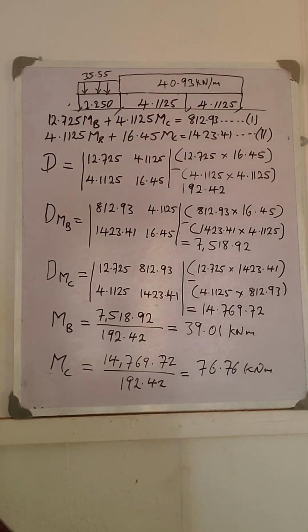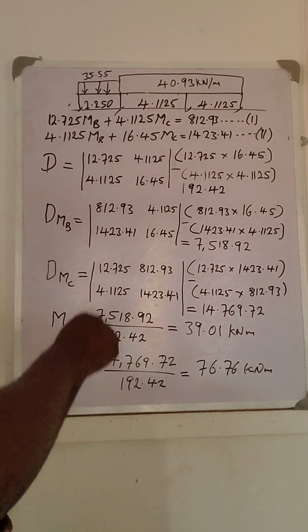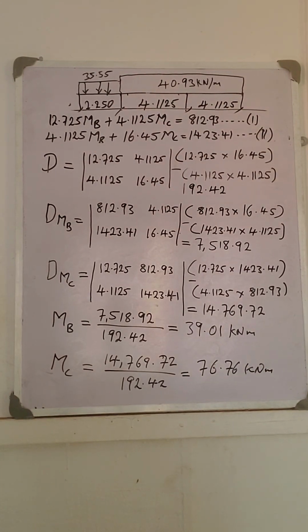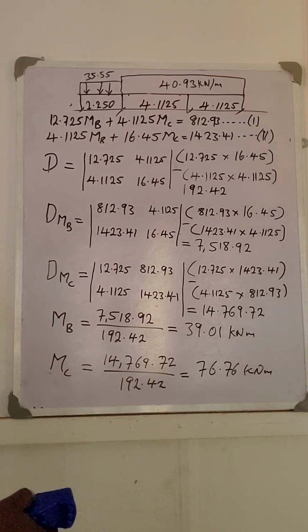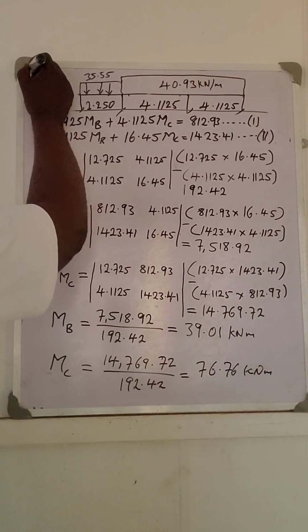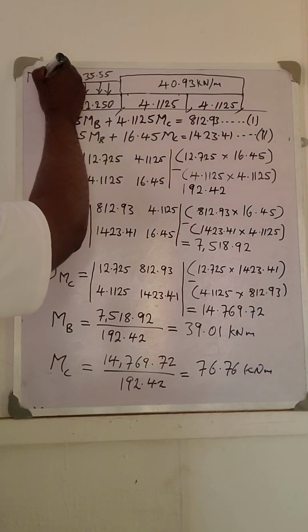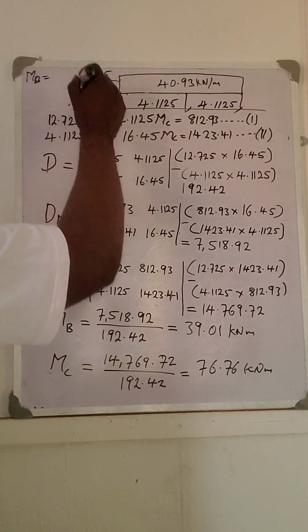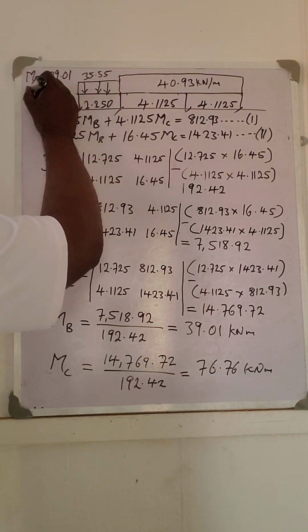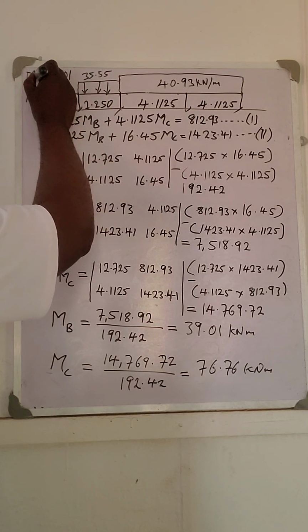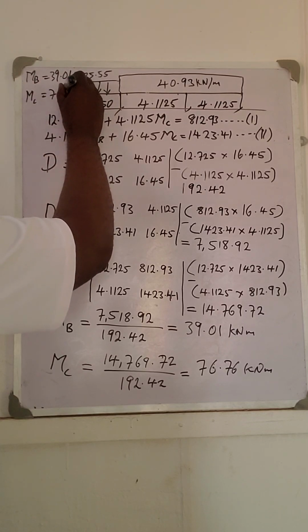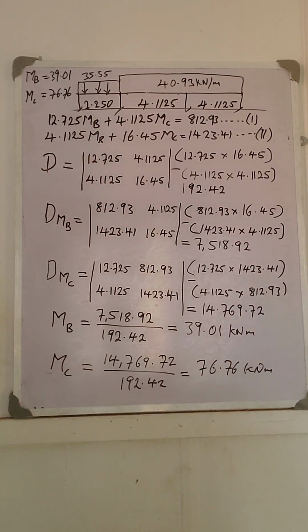The next thing to calculate is our free span moment. Let me write this down: MB is equal to 39.01 kNm, MC is equal to 76.76 kNm.